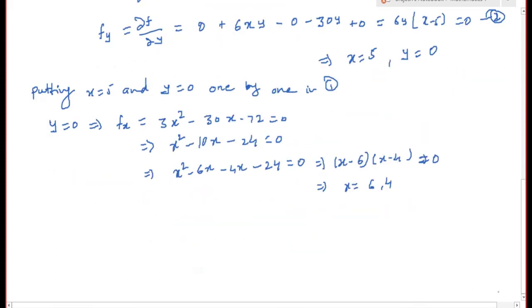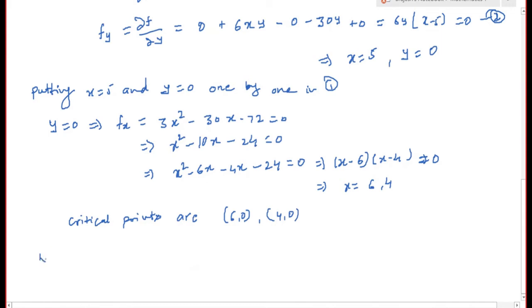So the points are critical points. Two critical points you get here by putting y equals to 0, that is 6, 0 and 4, 0.